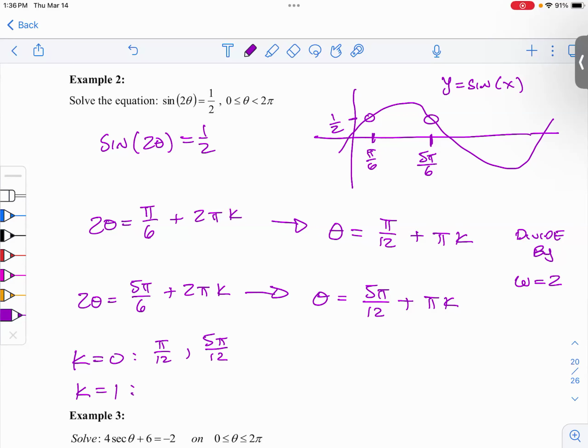Then I pick k equals 1. Now we have to do a little bit of calculation. That becomes pi over 12 plus pi, which is 13 pi over 12. And the other one is 5 pi over 12 plus pi, which is 17 pi over 12.